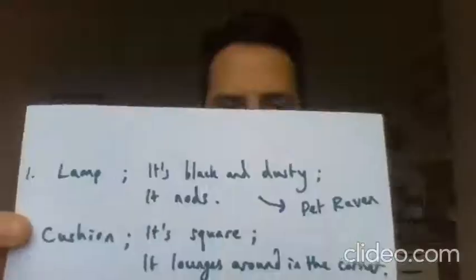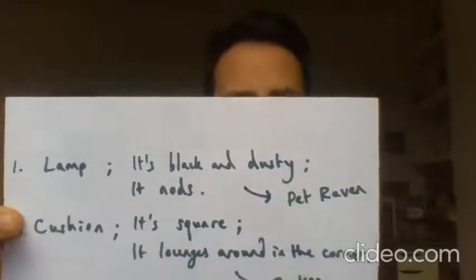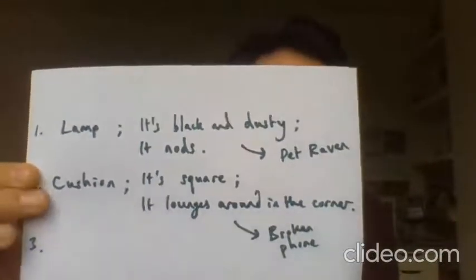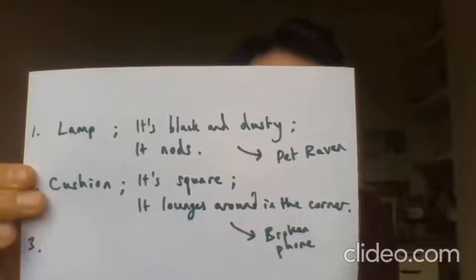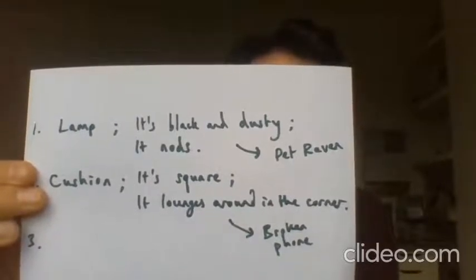It could be a broken phone, for example. Maybe not quite square, it's more of a rectangle, isn't it? But I think we could go with that. So it's a broken phone sort of lounging in the corner of the room. Okay, so for each object, have a think about what other object could match that description in your imaginary room.